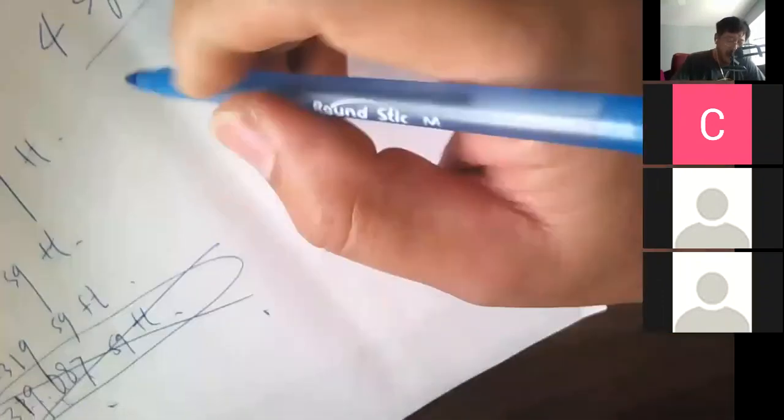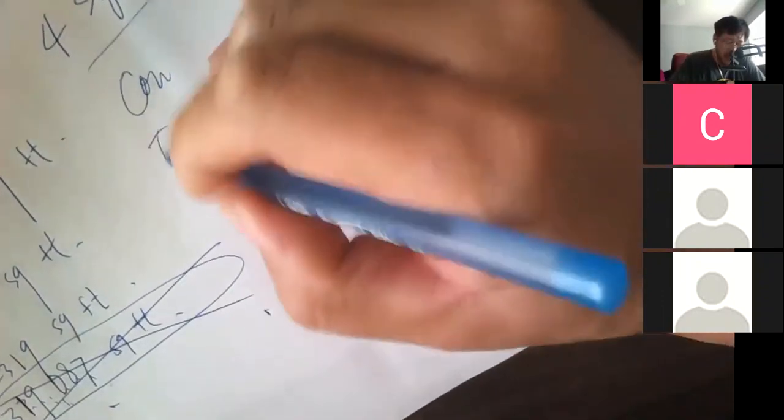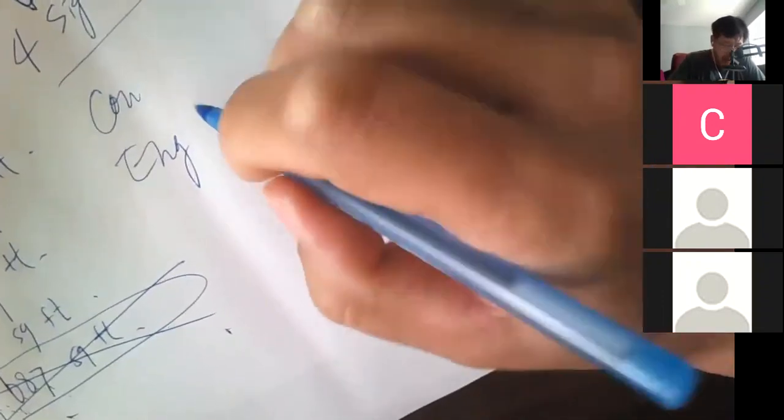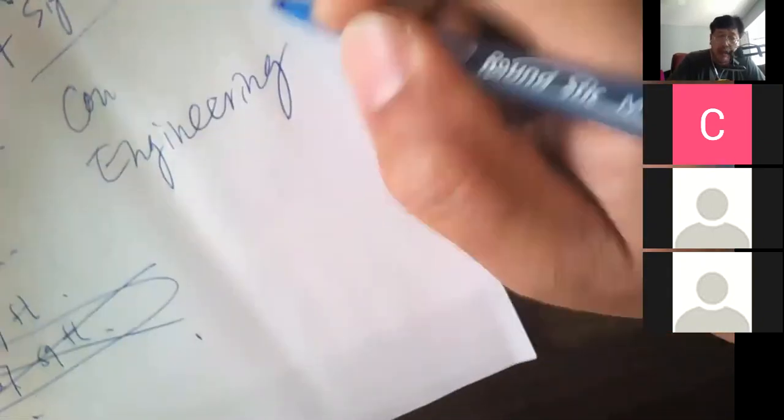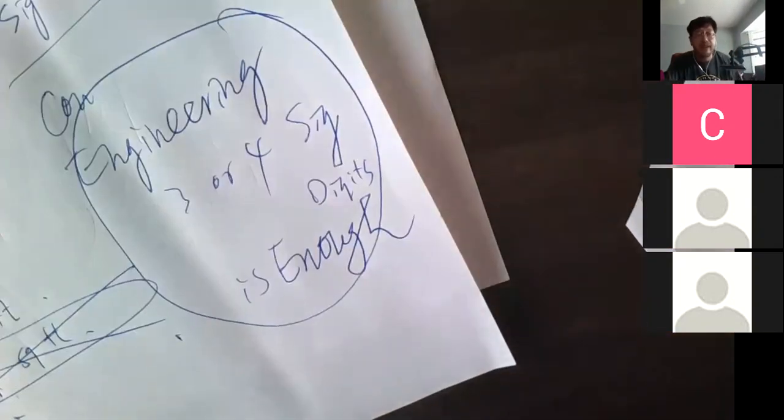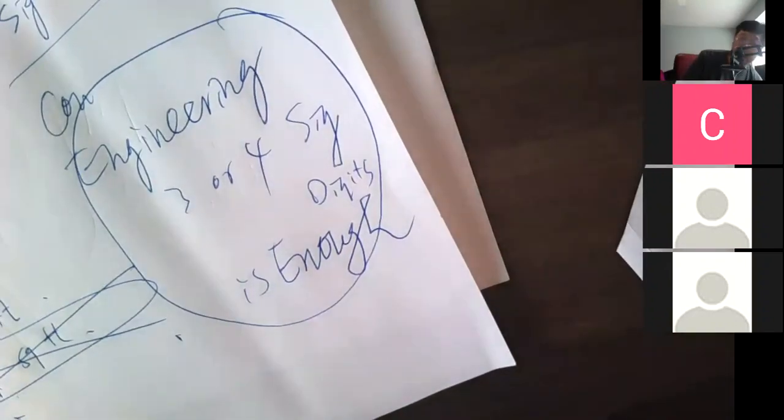What about in control or general engineering? In general engineering, 3 or 4 significant digits is enough. So this is the conclusion of our first topic, significant digits.